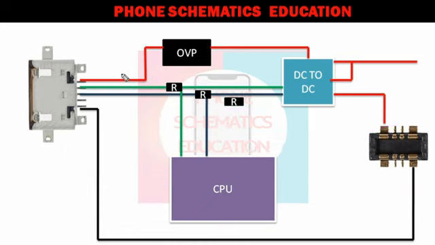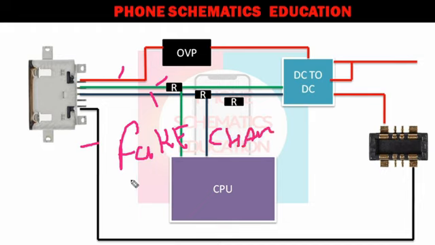Now, if this line is damaged, your phone does not charge. If this line is damaged, your phone does not charge. But if any one of these lines, DM or DP, is damaged, your phone goes on fake charging. Now, what is fake charging?